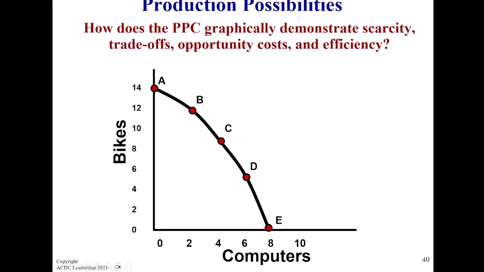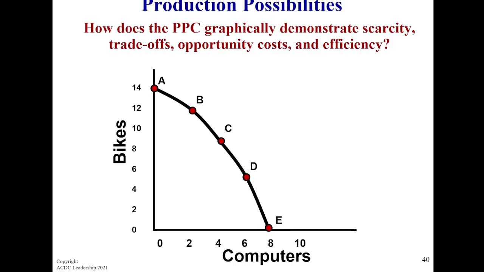We can't go outside this curve. Think of this curve as a boundary to how far we can go. Because we can't go outside, this demonstrates scarcity. We have a limited amount of resources. And then trade-offs, of course: produce more bikes, you produce fewer computers. Produce more computers, you produce fewer bikes.